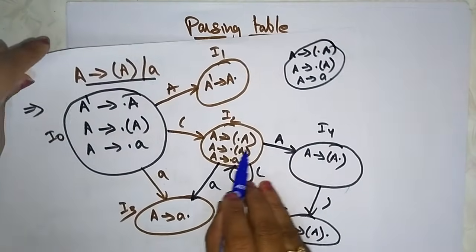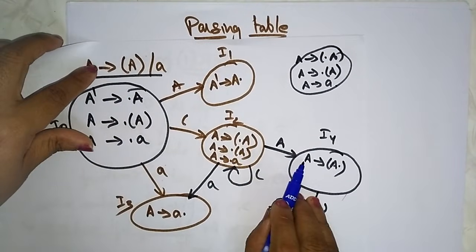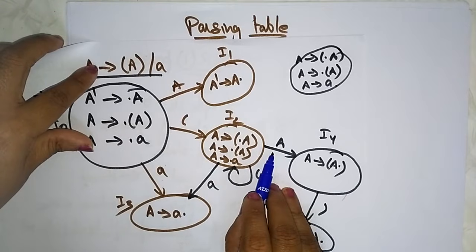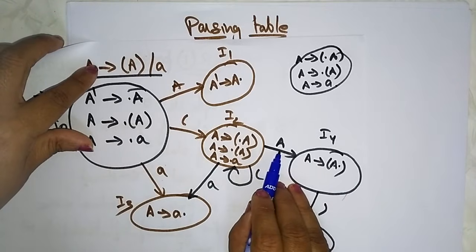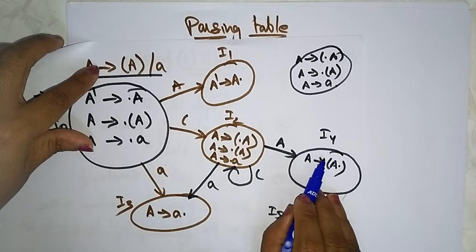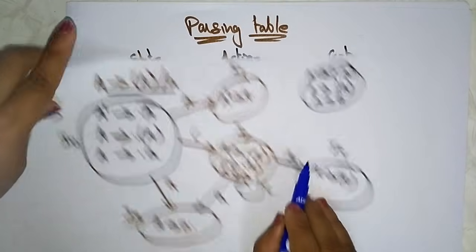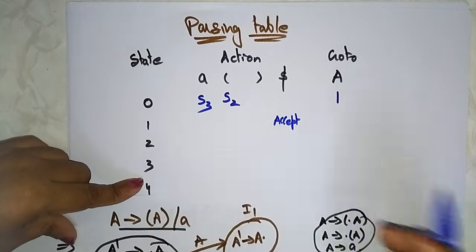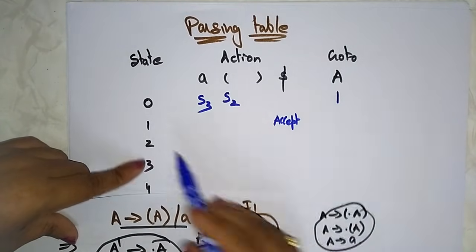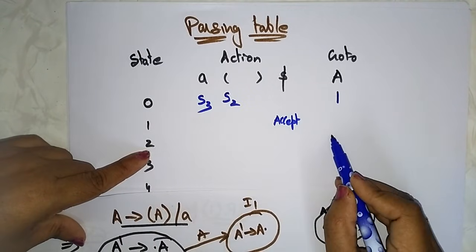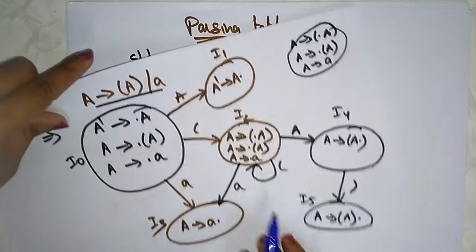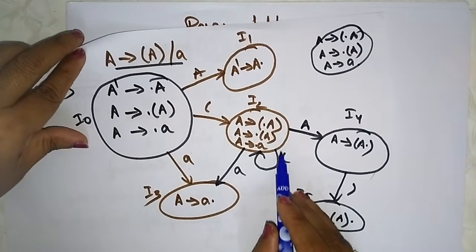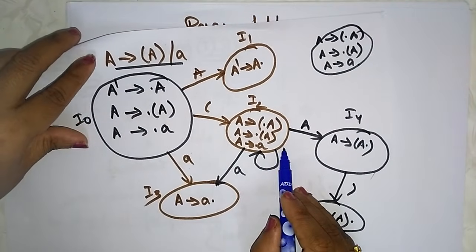Now coming to I2. I2 goes to I4 on the non-terminal A, which means goto, so you write 4 under A. I2 on left parenthesis goes to I2 only.